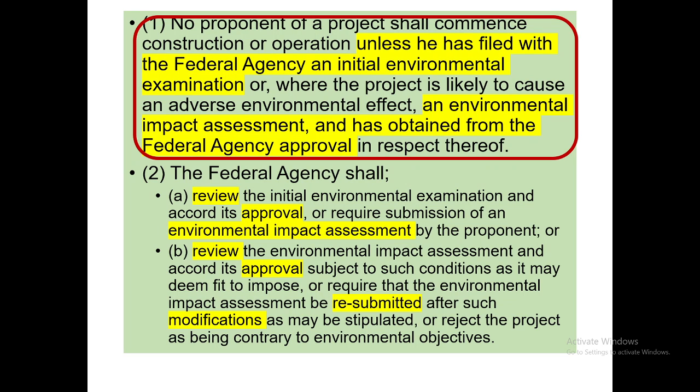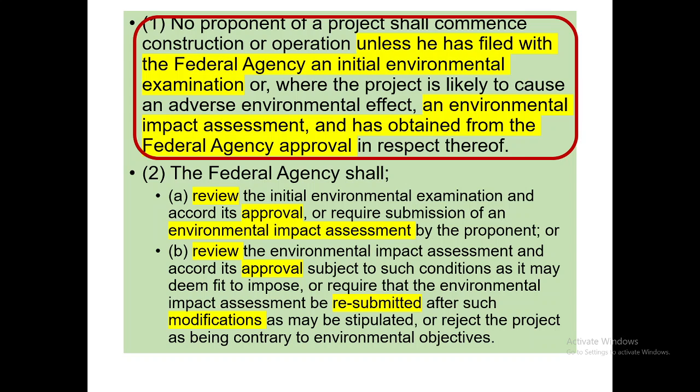So the first one is that no proponent of a project shall commence construction or operation unless he has filed with the federal agency an initial environmental examination, or where the project is likely to cause an adverse environmental effect, an environmental impact assessment is submitted, and it has to get the approval from the federal agency in order to execute that project. This is the basic requirement.